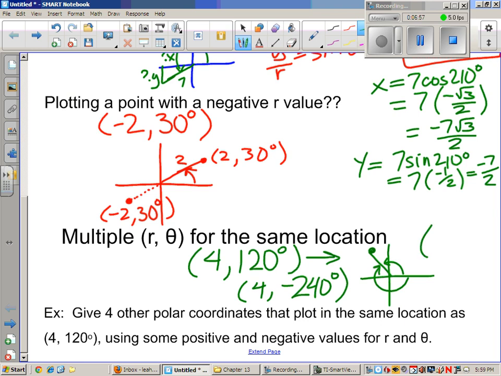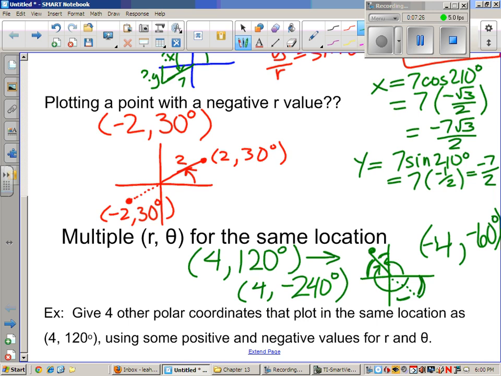If I wanted to use a negative 4 for the r value, I'd need to find an angle over here. Because if I use an angle down in the fourth quadrant and go backwards 4 along that ray, I'd get to negative 4 comma the angle that I want. Since this was a 30-degree reference and a 60 over here, I need a 60 over here and a 30 here. So negative 60 degrees, because exactly 180 degrees away from negative 60 is positive 120.